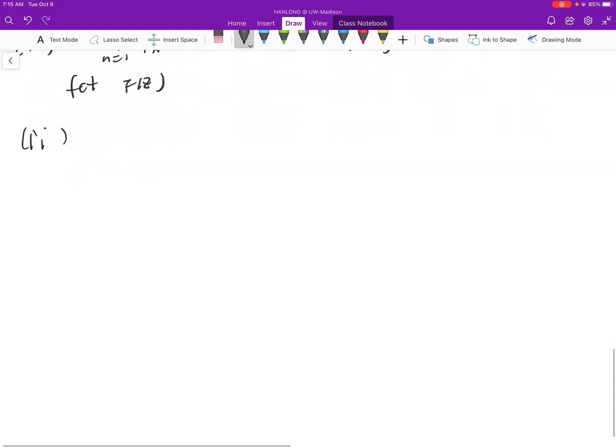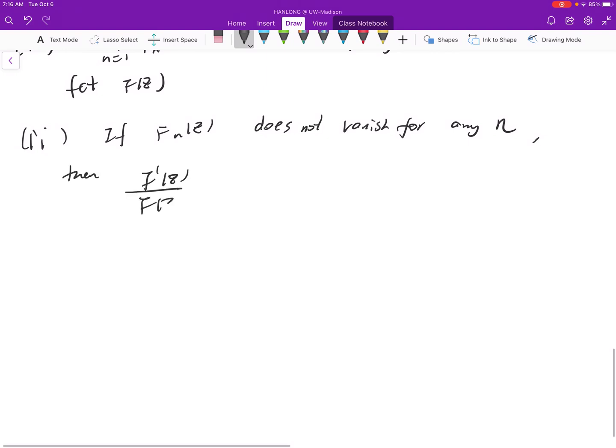Secondly, if fn of z does not vanish for any n, then f prime z divided by f z is given by the summation of fn prime z divided by fn z.